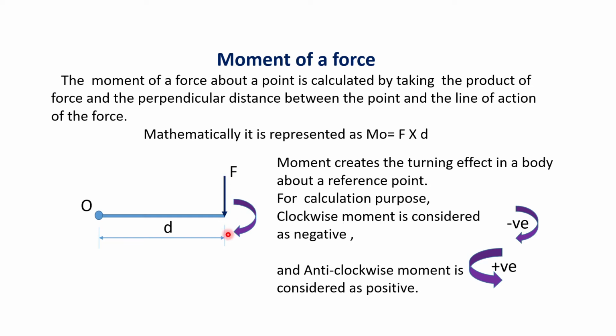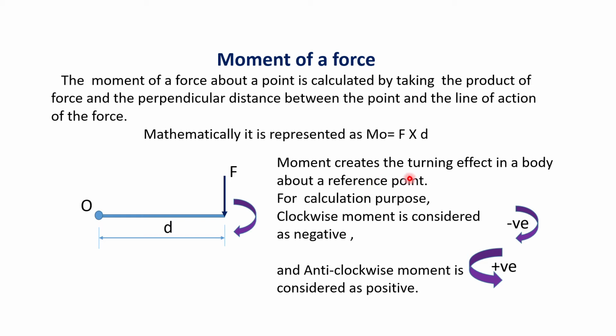The force F is there, acting vertically downward. So if this is the line of action of the force and the distance separated is d, then the moment we can write down mathematically as moment about point O. It is written in this way: moment, with the suffix point, is equal to force into perpendicular distance.